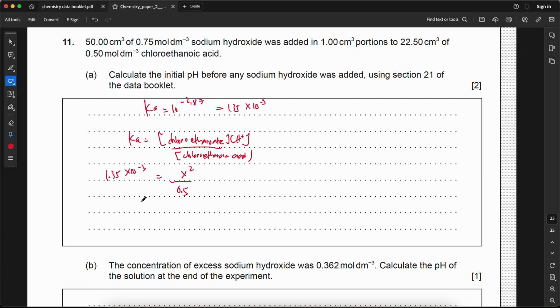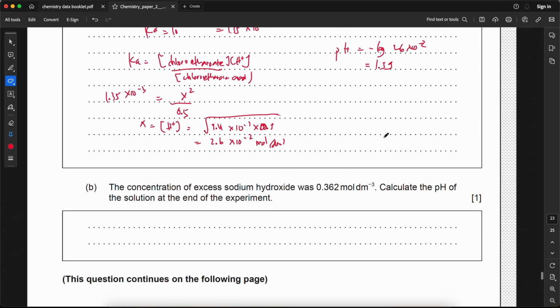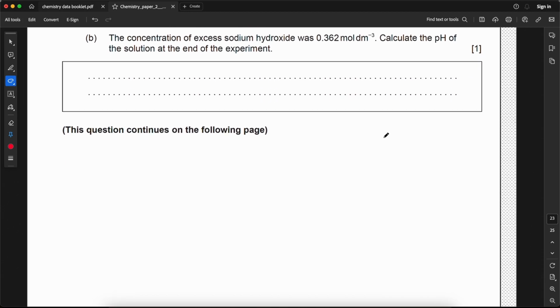Then you can find x, which is the H plus concentration. So 1.4 times 10 to the power negative 3 times 0.5, you get 2.6 times 10 to the power negative 2 mol per dm^3. Then you can find the pH from this concentration, which is 1.59.